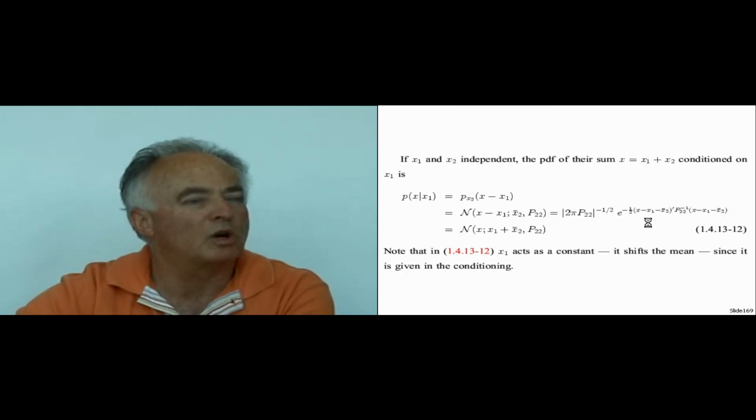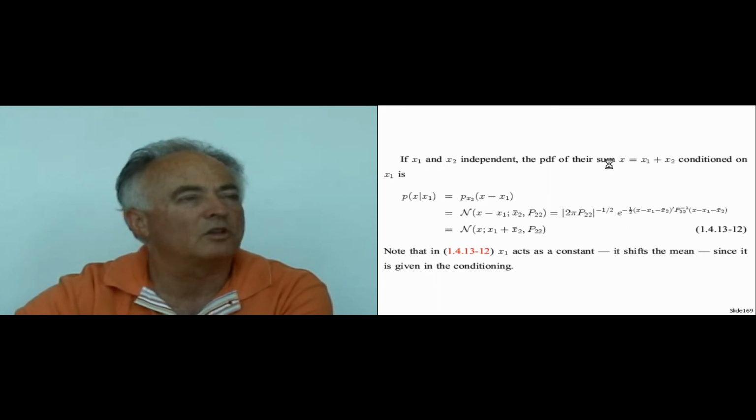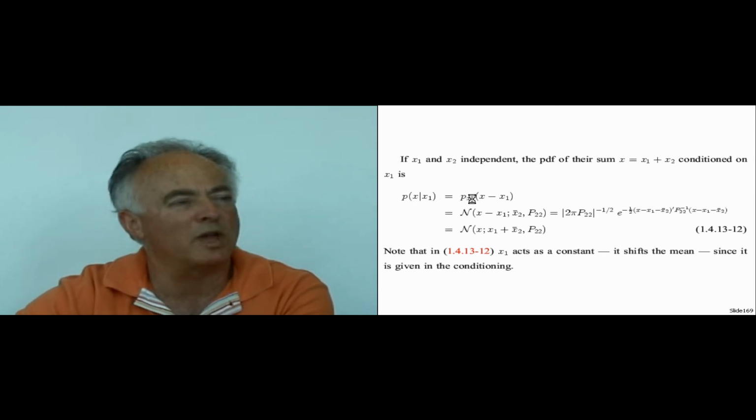Now, if x1 and x2 are independent, then the off-diagonal blocks P12 and P21 are 0 because all the correlations between them are 0. What we are interested in now is the PDF of x given one of them. So this is the PDF of x2 evaluated at x minus x1.